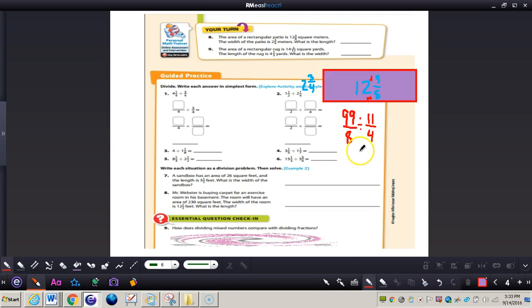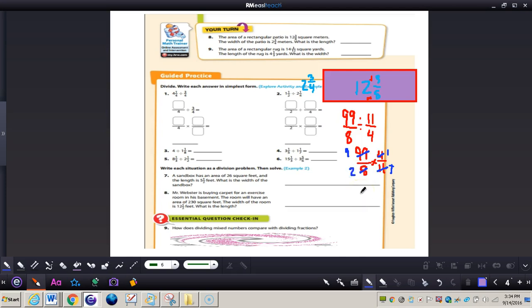Then changing that to a multiplication problem, we have 99 over 8 times 4 over 11. What I can do is some simplifying, and you'll want to do that as well. So I know 11 goes into 99 9 times. So I'm going to change that 11 to a 1, that 99 into a 9. 4 can go into 8 2 times, so change that 4 to a 1, that 8 to a 2.